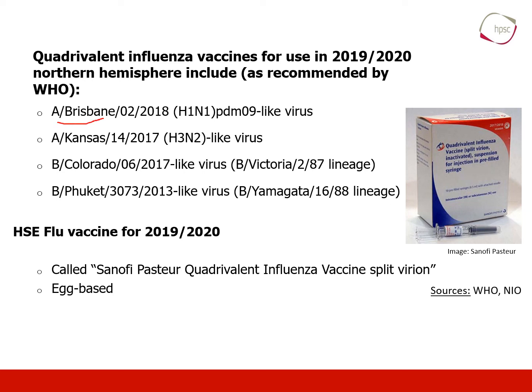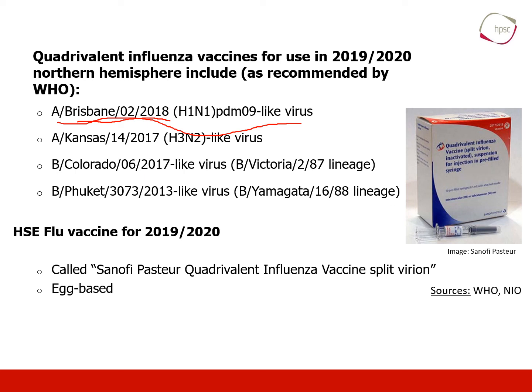The first type A is the H1N1 PDM09-like virus, which is the H1N1 virus which caused a pandemic in the year 2009, but it was further modified in the year 2018, and it included the Brisbane strain.